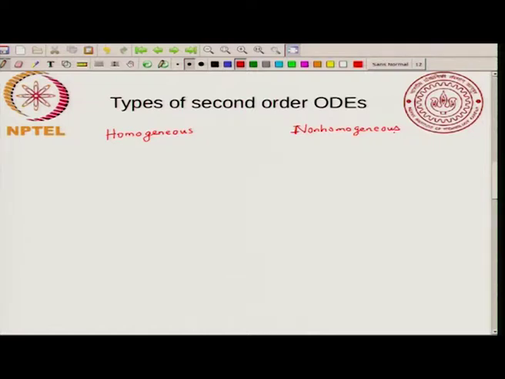I will just write one form. Suppose I write my second order differential equation as y double prime plus a of x y prime plus b of x y equal to 0, and similarly a non-homogeneous equation will look like y double prime plus a of x y prime plus b of x y equal to c of x.